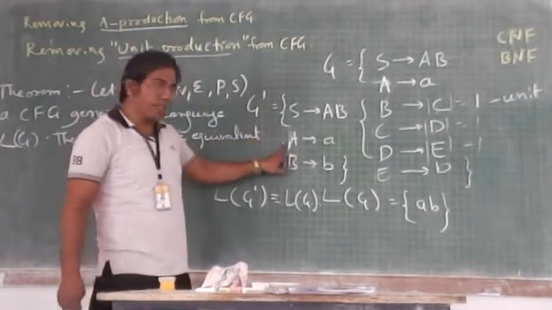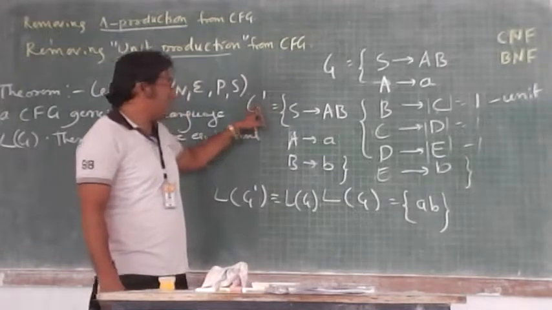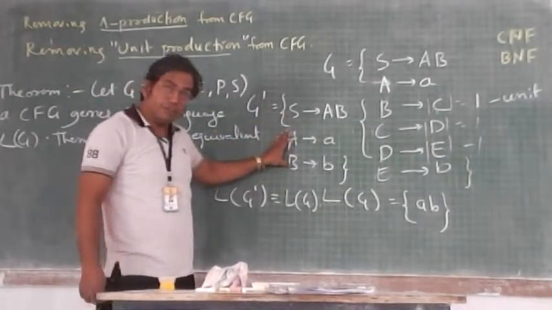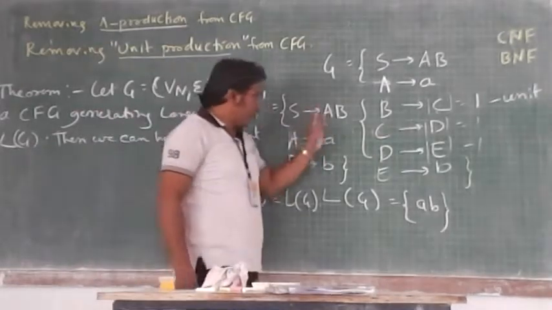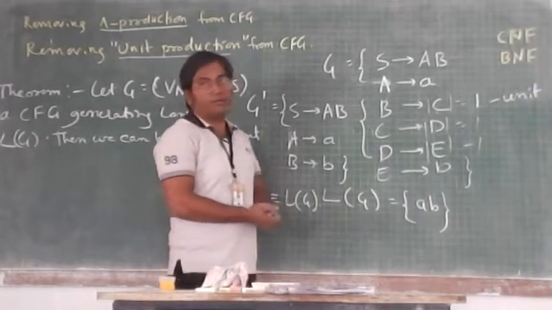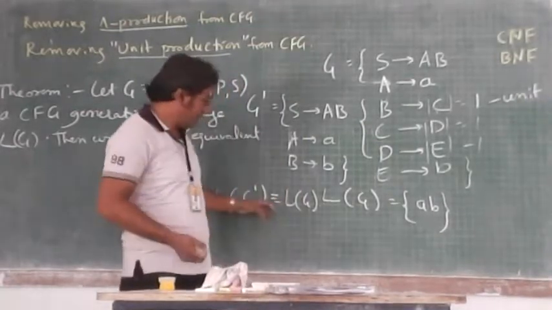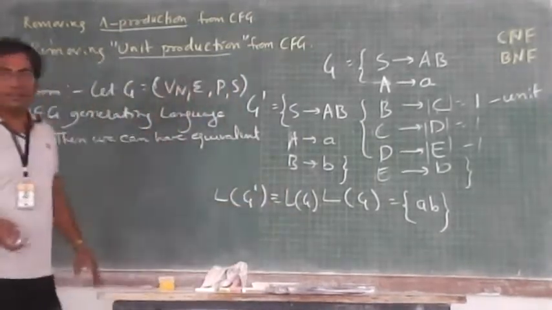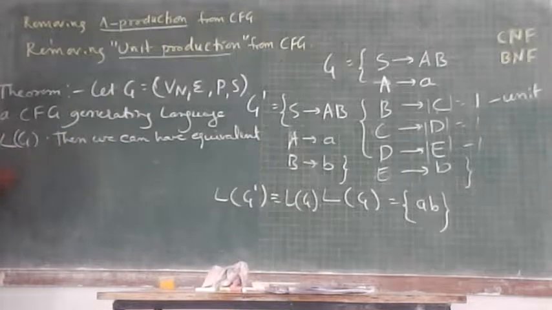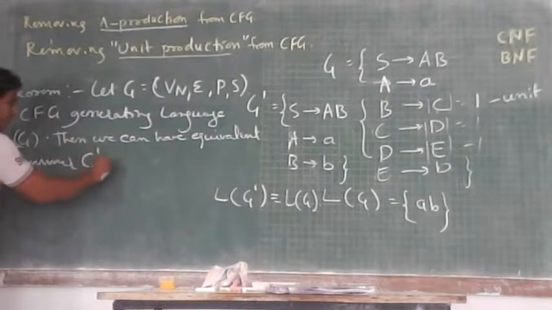And we saw that the language generated by this G dash, which is minimized and free from unit productions, really generates a language equal to the grammar given to you. That is, LG dash is equal to LG. So that conclusion we have to summarize, and that becomes a definition. Then we can have an equivalent grammar G dash.